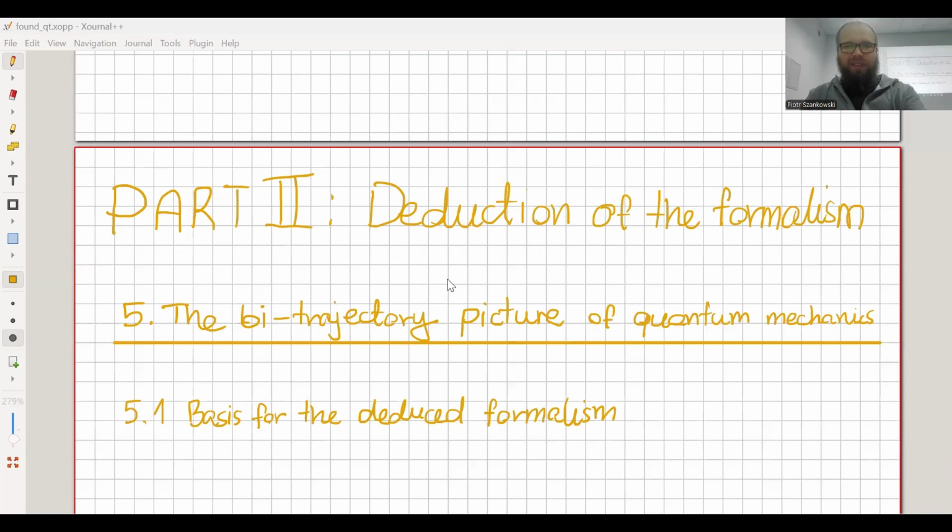So last week we finished the first part of the lecture, that is collecting the phenomenological inputs, phenomenological data, phenomenological observations, which we now want to use to fuel our deduction of the formalism, to complete the theory.